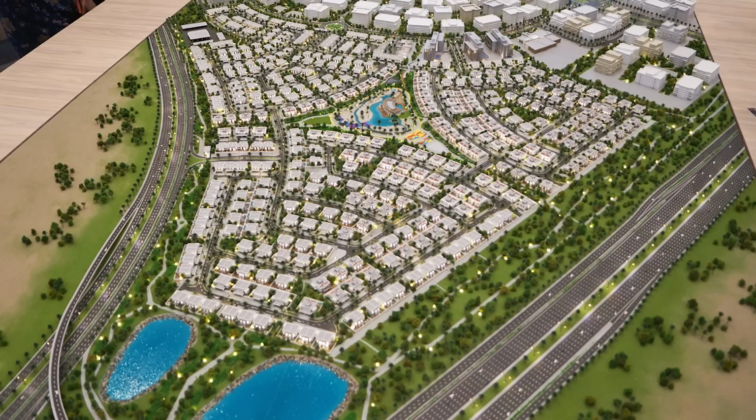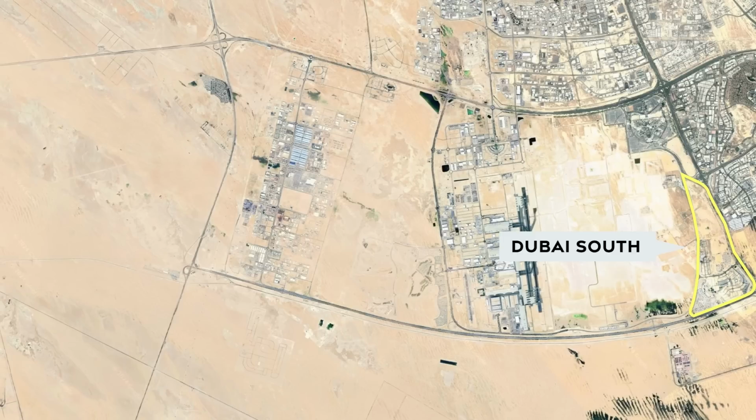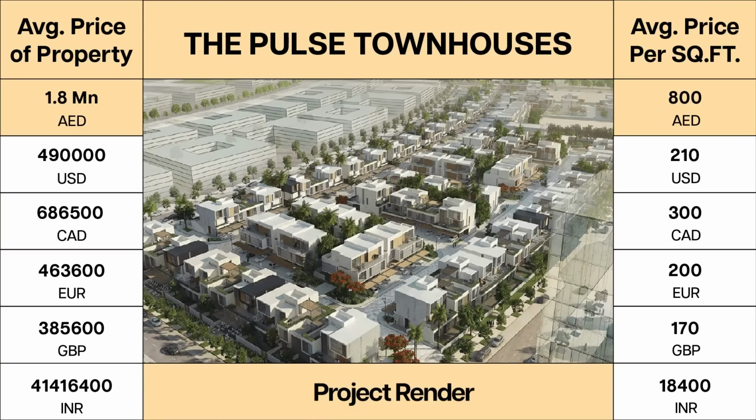Then there is another community nearby called the Pulse Beachfront. Average price per square foot is at 850 dirhams. Also there are the Pulse Townhouses. Average price per square foot is at 800 dirhams and average price is as low as 1.8 million dirhams.